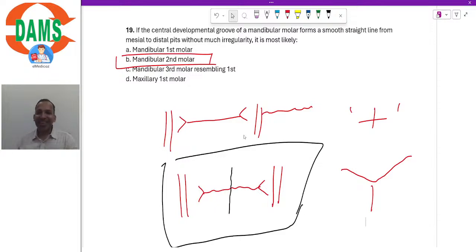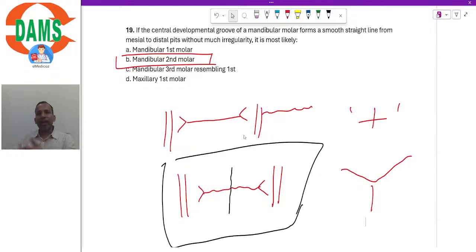Radiologist pattern. Right now I don't remember it, Radiologist pattern.